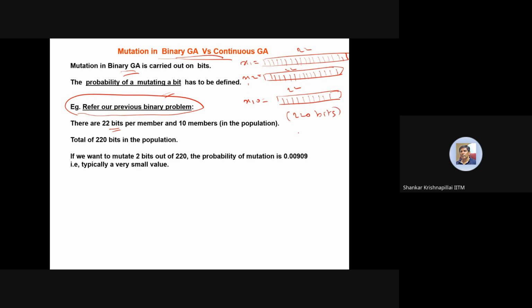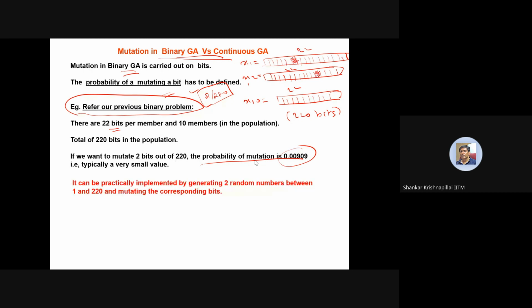You have to specify how many bits you want to mutate. Say I want to mutate 2 randomly picked bits. So the probability of mutation is 2 by 220, which is 0.00909. In a binary genetic algorithm, you have to specify the probability of mutation. How do you practically do this mutation?